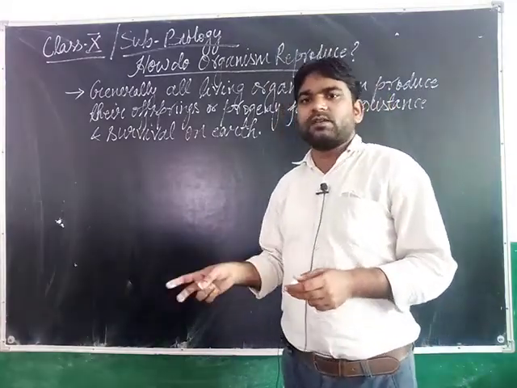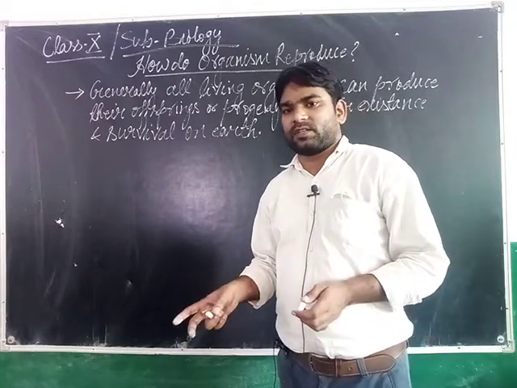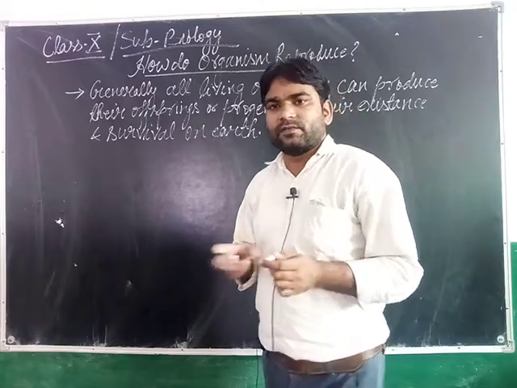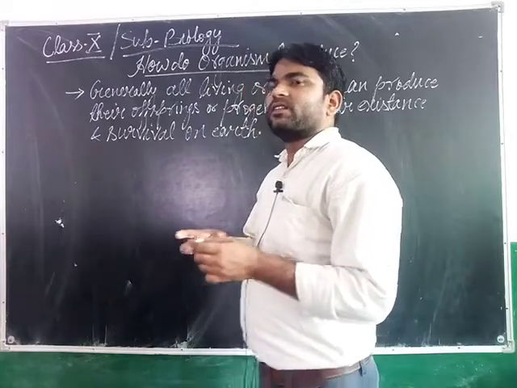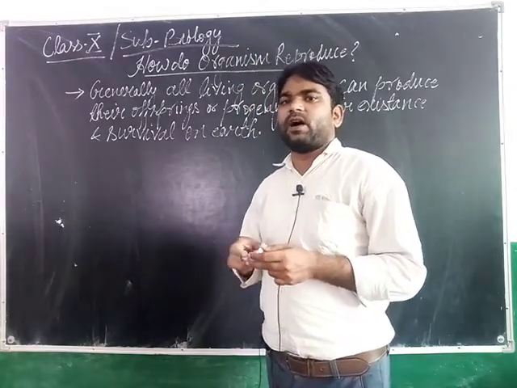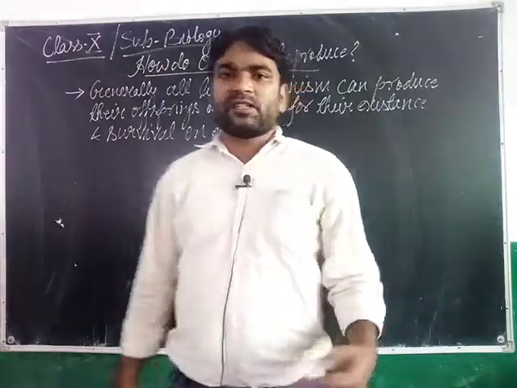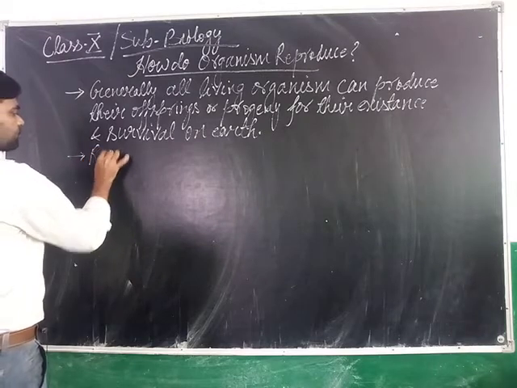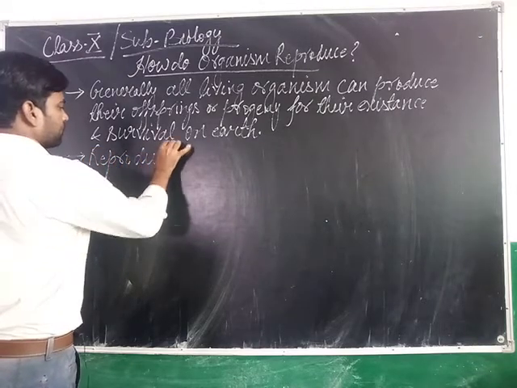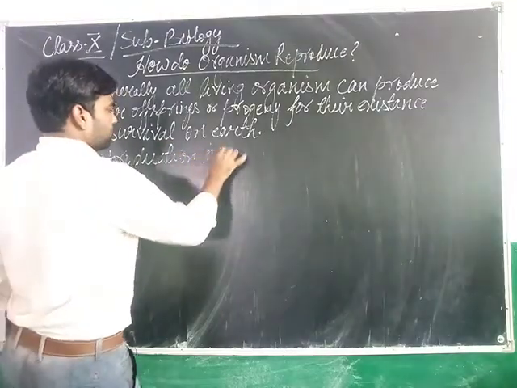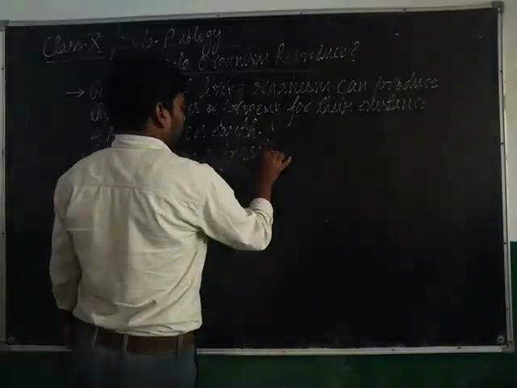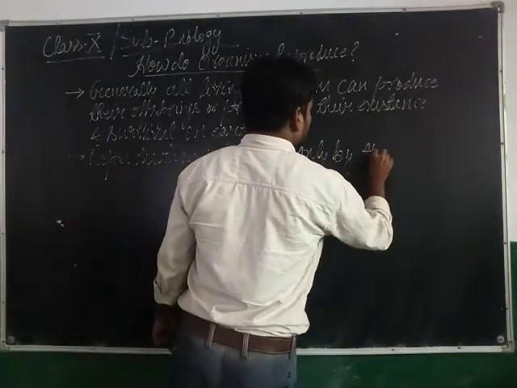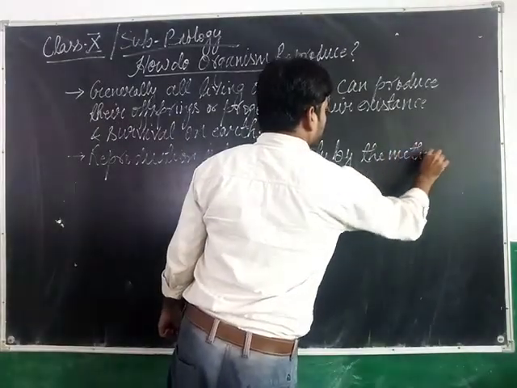So reproduction is of two types: asexual reproduction and sexual reproduction. These reproductions are different from each other by their division methods, by how the cell divides. So reproduction is possible only by the method of cell division.